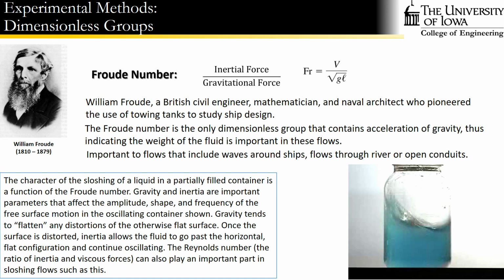The Froude number, we're not going to be able to finish all of these, so we'll pick these up again in the next lecture. The Froude number is defined as V over the square root of gL. This is the ratio of inertial forces to gravitational forces.